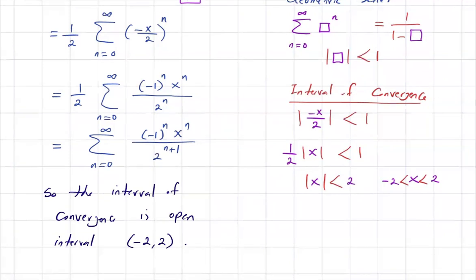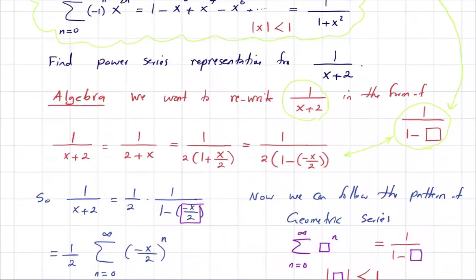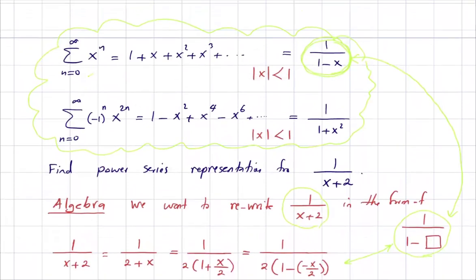Let's recap what we did. Here we know from the geometric series that x to power n, which is basically a power series, as long as the absolute value of x is less than 1, is convergent to 1 divided by 1 minus x. We used the geometric series and wrote 1 divided by 1 plus x squared as a power series. Now, suppose you have the function 1 divided by x plus 2.